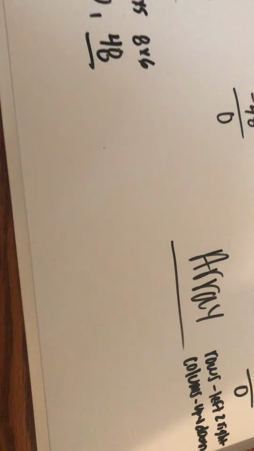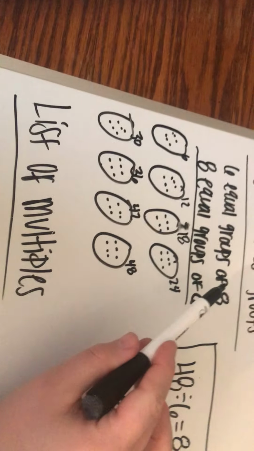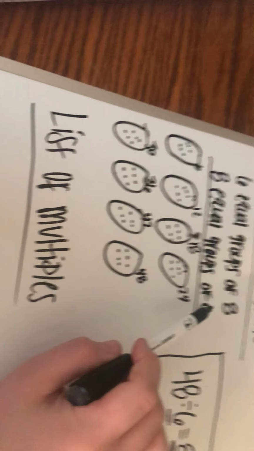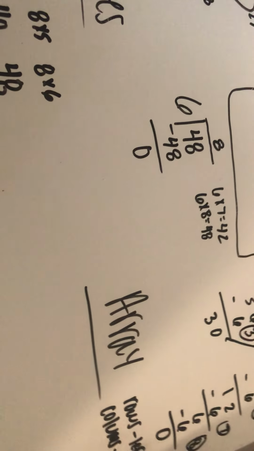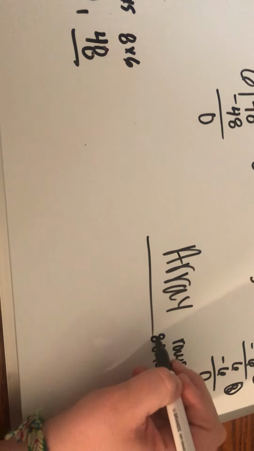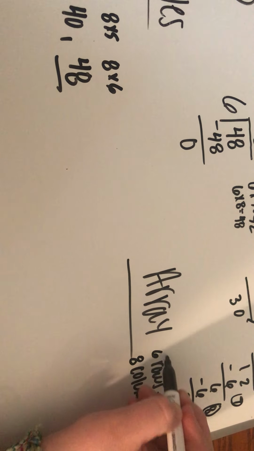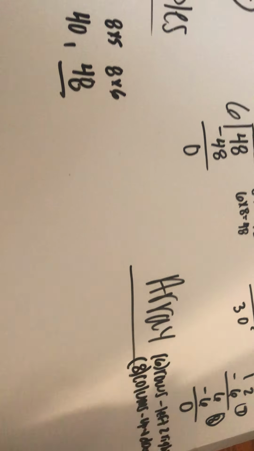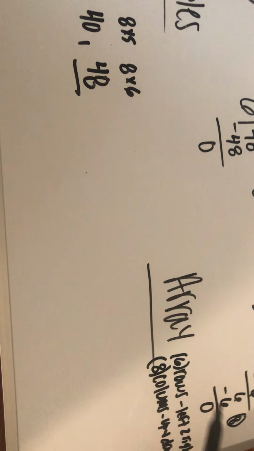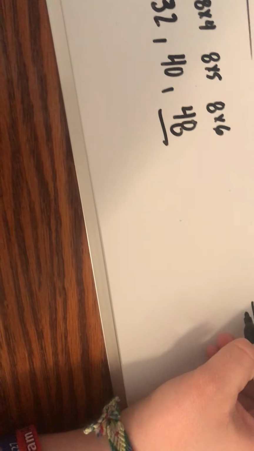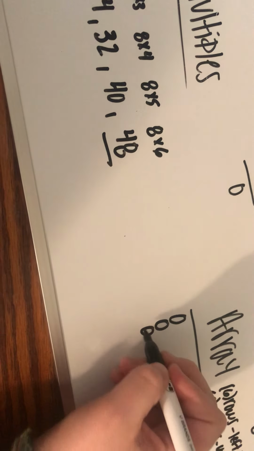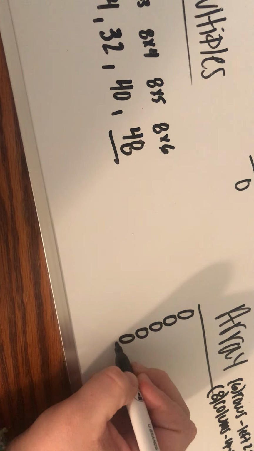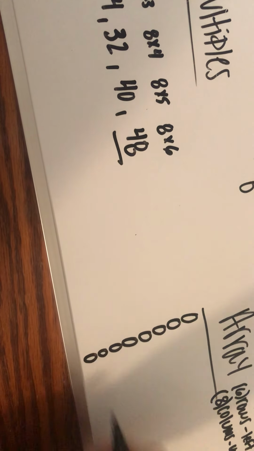So if I go back to my groups over here, 8 equal groups of 6, a way I'm going to represent that with my array is I'm going to have 8 columns and 6 rows, because it's showing 8 equal groups of 6. When I draw this out, I'm going to draw my columns first. So 1, 2, 3, 4, 5, 6, 7, 8.